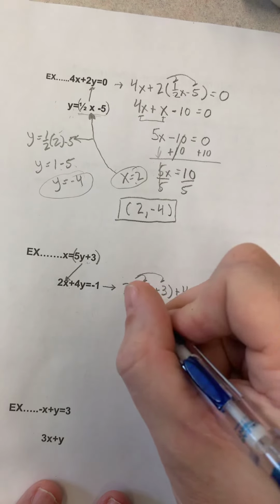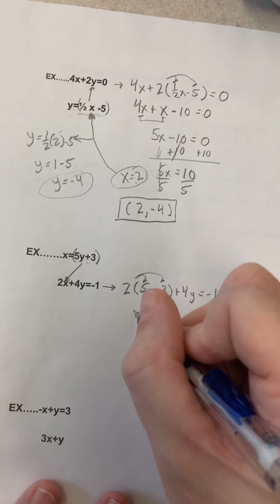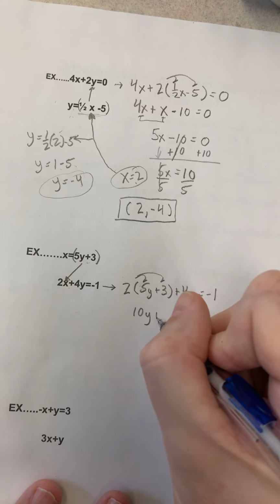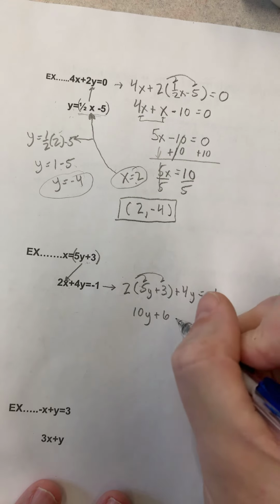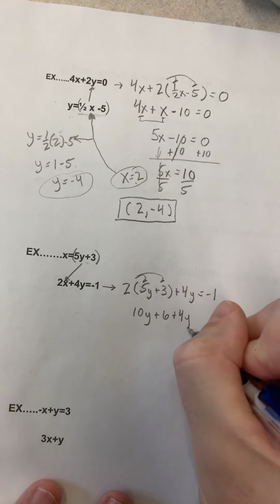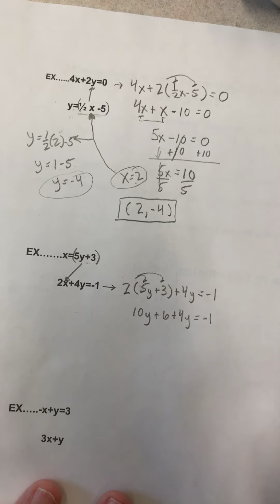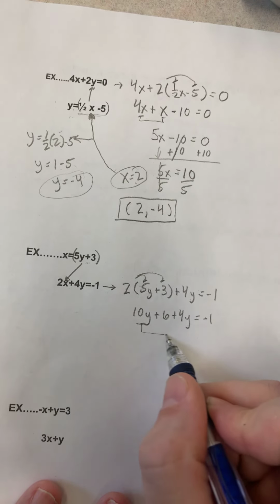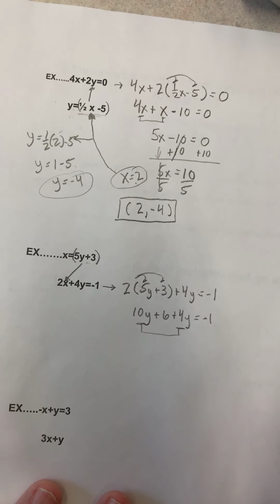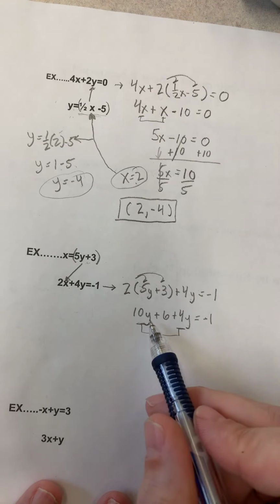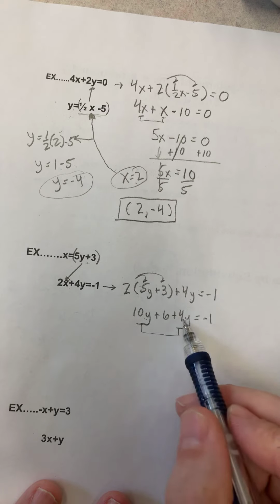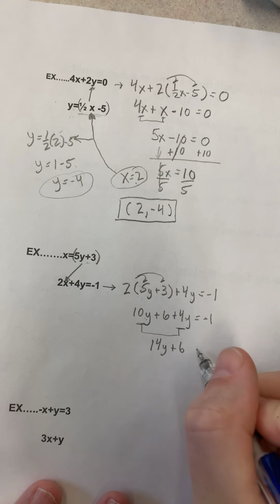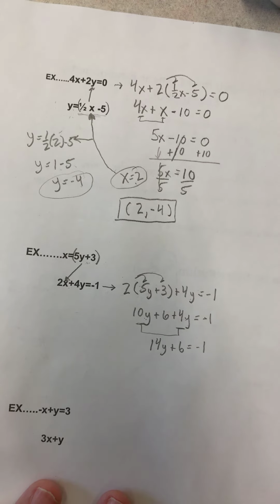Distribute means multiply. 2 times 5, 10y, 2 times 3, plus 6, plus 4y is equal to -1. You're going to have like terms to combine. We're always going to have some like terms because we're combining some variables there. 10y plus 4y, 14y plus 6 is equal to -1.